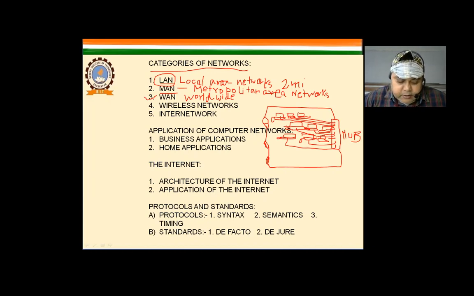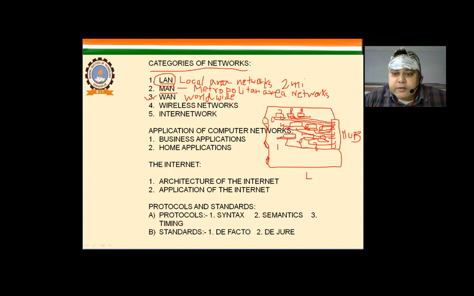It is the figure of an isolated LAN connecting nine computers to a hub. If you're numbering 1, 2, 3, 4, 5, 6, 7, 8, and this one is 9.